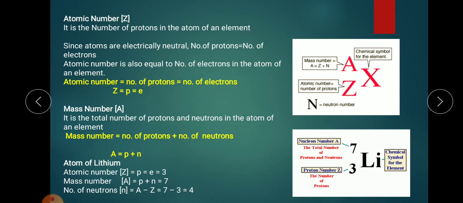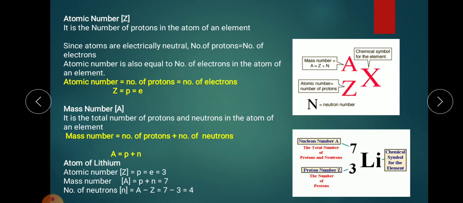In this you will define atomic number as well as write down the expression: atomic number equals number of protons equals number of electrons. Question number 2: define mass number, and write down the expression as well.